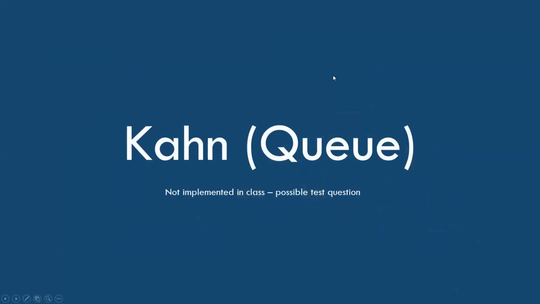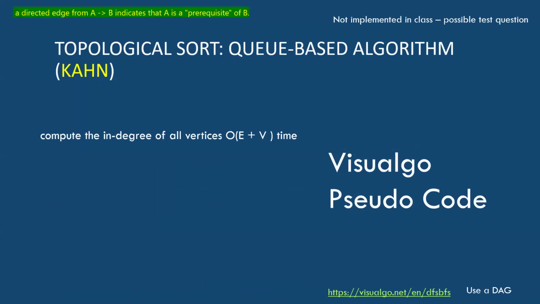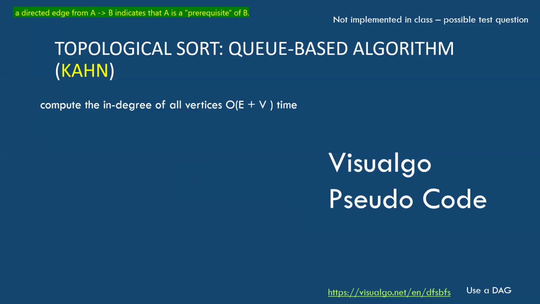Okay. Now the Q1, I'm just going to touch on briefly. We're not going to do this in class. I'll let you know if it ends up being a test question. But here we're computing all of the in-degrees of the graph, which takes some time if all we have is an out-degree adjacency list, which most of you should be getting familiar with now, okay?